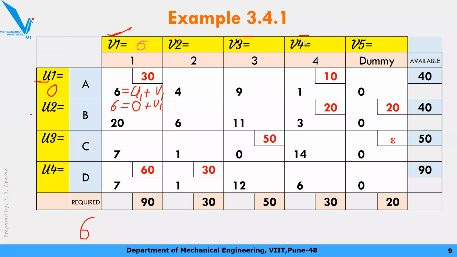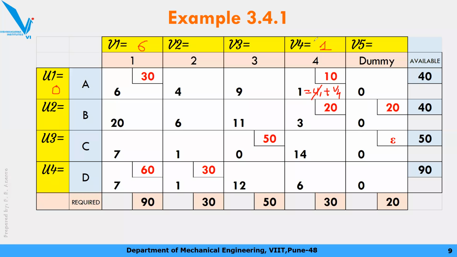v1 becomes 6. So similarly go for the next calculation. देखो u1 0 है, v1 6 है. Now for next calculation I'll jump onto the allocated cell here, 1 equal to u1 plus v4, u1 is equal to 0, so v4 becomes 1, okay.